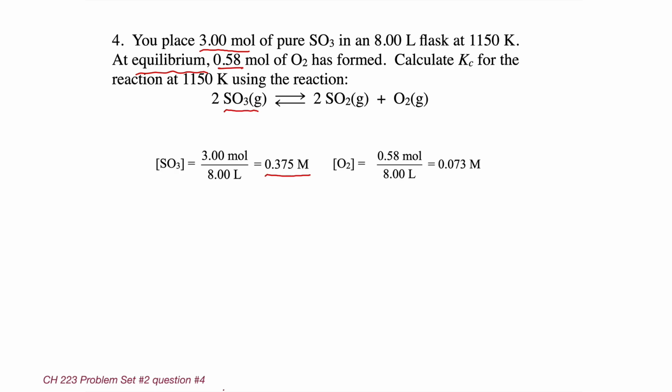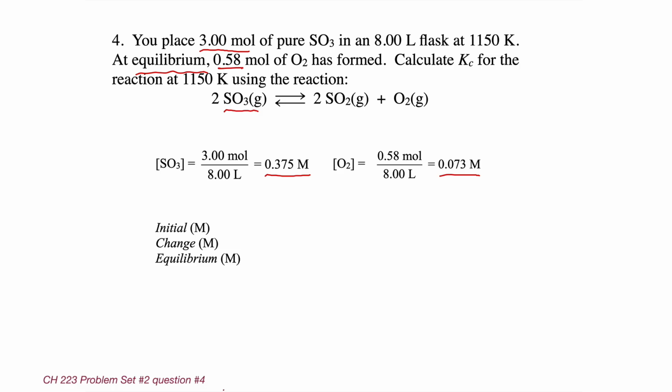And later on, we'll need that 0.58 number. 0.58 divided by this same volume comes out to be 0.073 moles per liter. So the SO3, the 0.375, is how much we started with, and at equilibrium, 0.073 moles per liter have been made. Like I started to say earlier, an ice table here will be really handy.